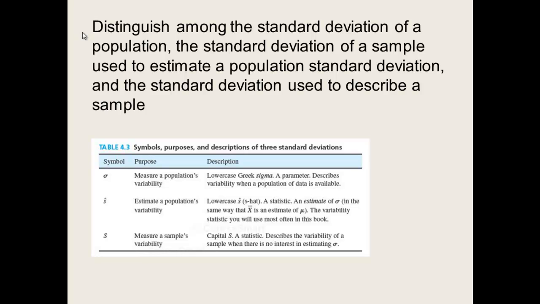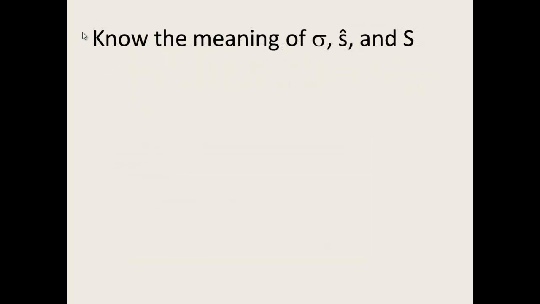The measured sample statistic for the standard deviation is represented with a capital italicized S, whereas the estimated population statistic, it's not a parameter because you don't actually know if your estimate is accurate, is represented by a lowercase s with a little caret above it. We call that S hat. Some texts and resources don't make a clear distinction between these 3 symbols and their meanings, but in reality, Spatz uses them correctly in this text, so we're going to try to do that also.